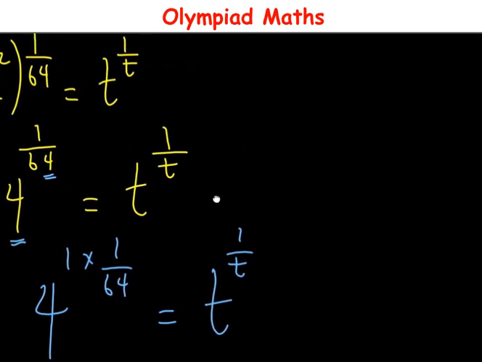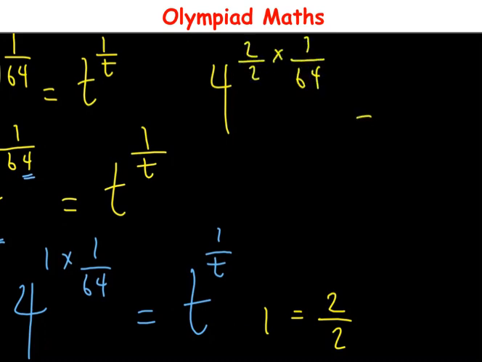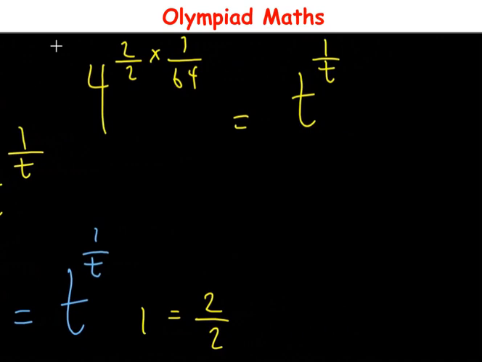And with this, we can make use of equivalent fraction, such that instead of writing 1, we can write 1 as 2 over 2, because 2 over 2 still gives us 1. So this becomes 4 raised to power 2 over 2 times 1 over 64 is equal to t raised to power 1 over t. So from here, what we have is this. We are going to multiply the powers.